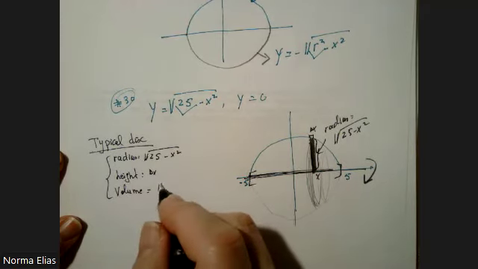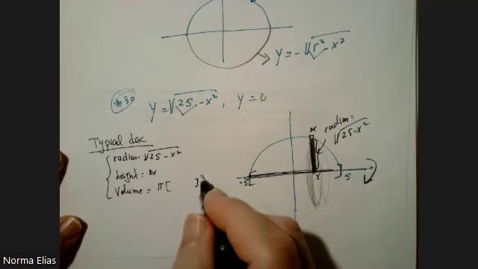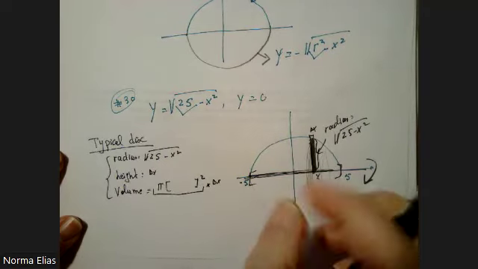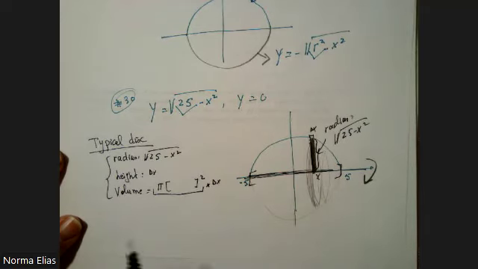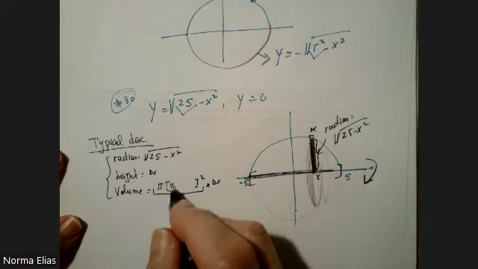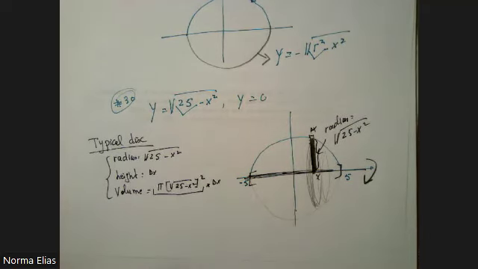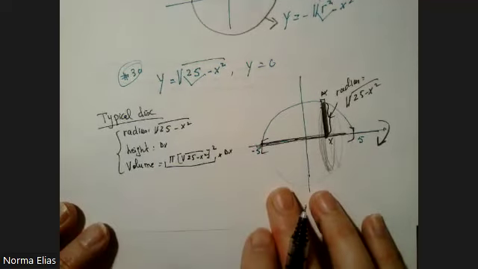area of the base. It means pi times the radius squared times the little delta x, because the delta x makes it a volume, and I really want to add volumes. So this is the square root of 25 minus x squared. We know that that's 25 minus x squared. I'm just keeping it like this to remind us that we're squaring the radius.